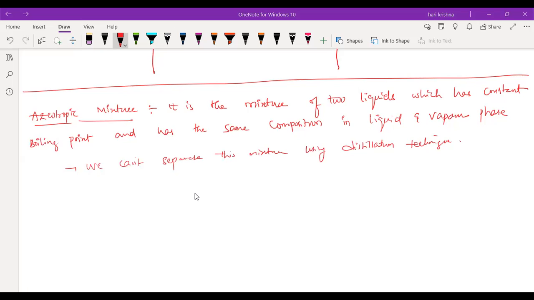So again, we have two types of azeotropic mixture. One is a minimum boiling azeotrope. The next one is a maximum boiling azeotrope.